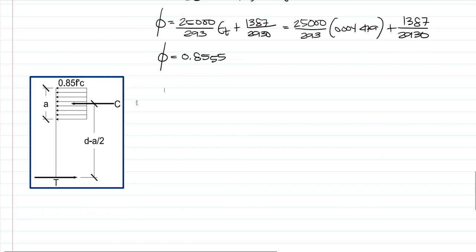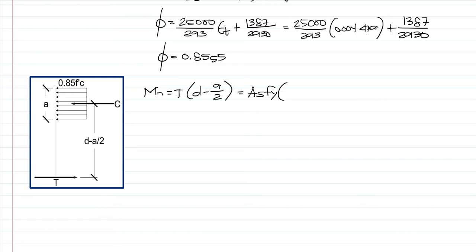So, to get our nominal moment, we can have Mn. So, kunin pa rin natin on the tension side. Pwede rin naman on the compression side. Mag-equal lang naman yon. So, that will be T times the moment arm d minus a over 2. So, T will be equivalent to As times Fy, kasi we have proven that steel yields.